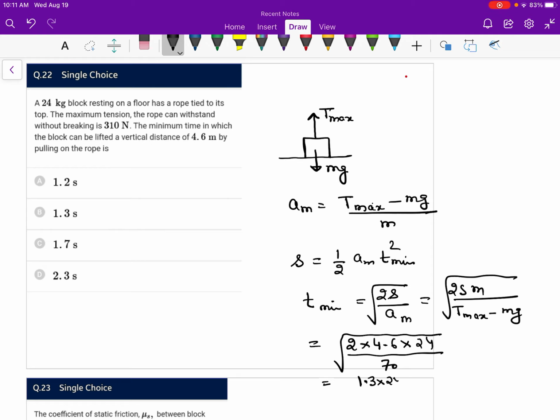So 1.3 into 24 upon 10. 24 threes are 72, 24 ones are 24, so 312. So this is root of 3.12 approximately. 17 square is 289 and 18 square is 324, so this is close to 1.7. So C is the correct option.